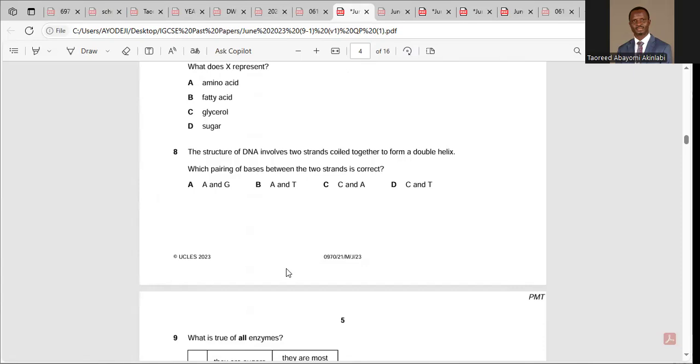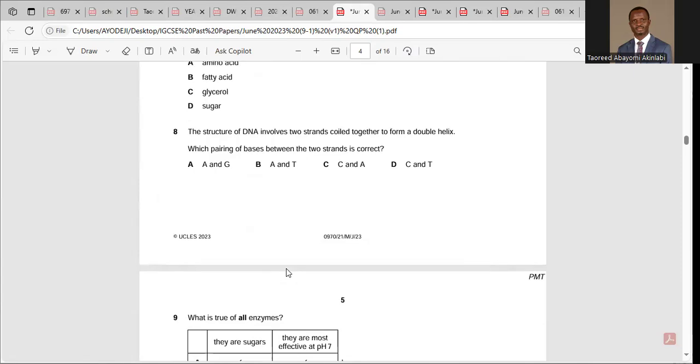That means if you are told that in the DNA molecule we have 30 adenine and total number of bases are 100, that means if adenine is 30, thymine also will be 30. 30 plus 30 will give us 60. Then the remaining two bases we have 40, which will be shared 20-20. Please take note of that, please.